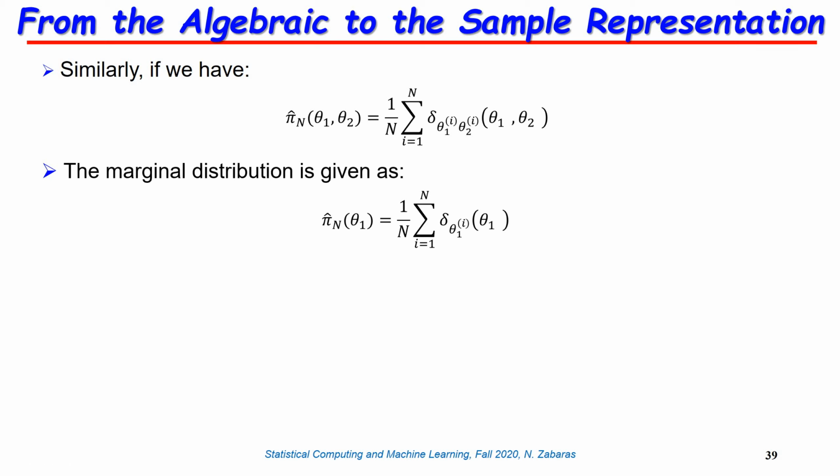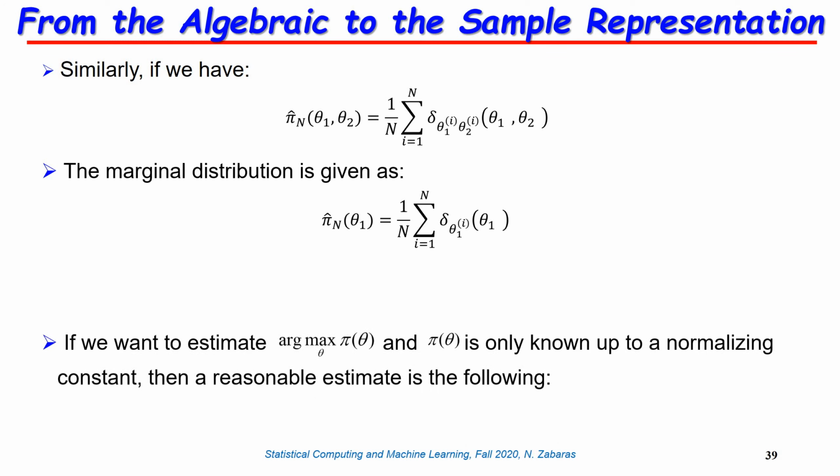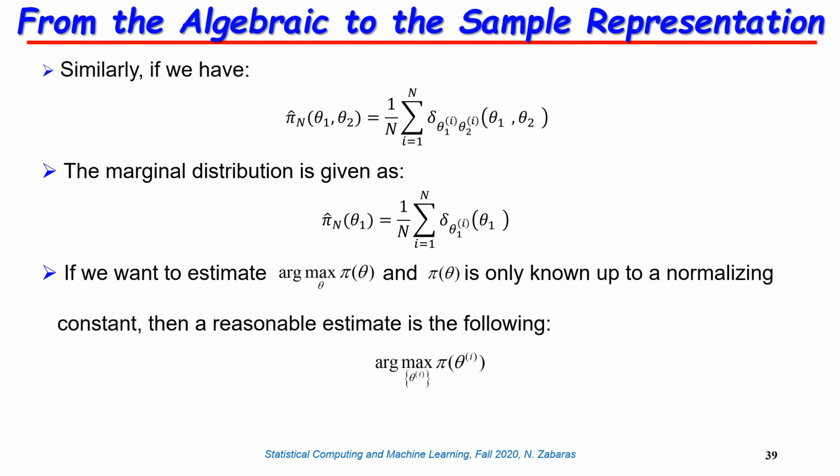Now, I had mentioned before that we're going to be using Monte Carlo approximations even to compute MAP estimates, and to do optimization problems. Here is a simple way to see this. Imagine that you have a Monte Carlo approximation of a distribution through samples, and somebody asks you what is the MAP estimate of that posterior.